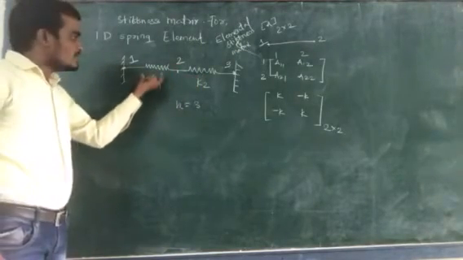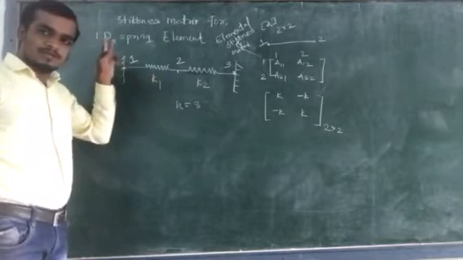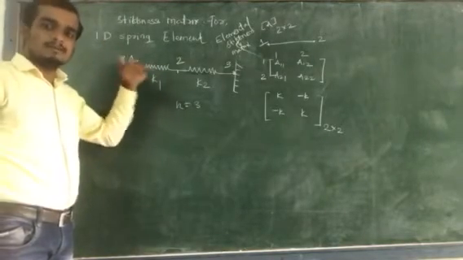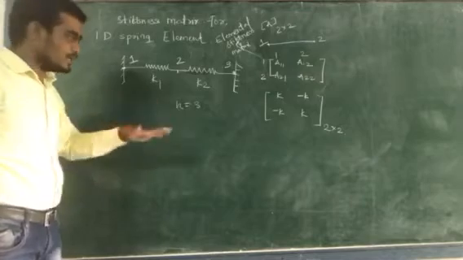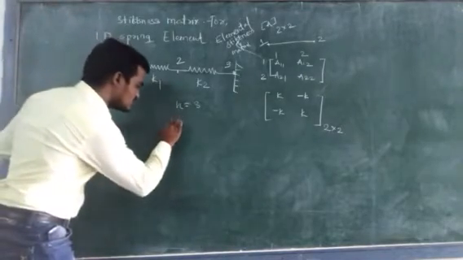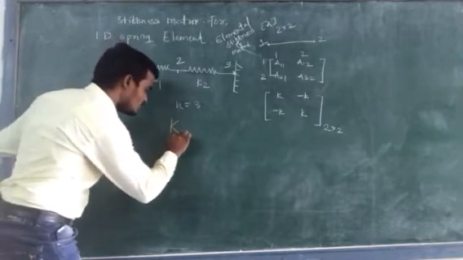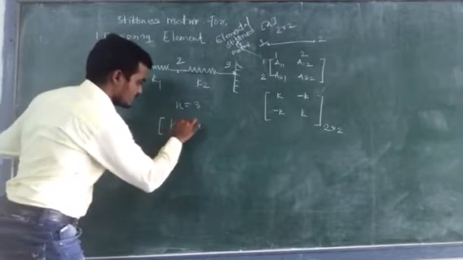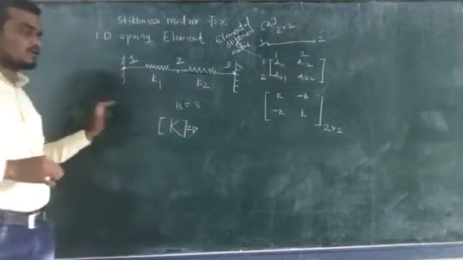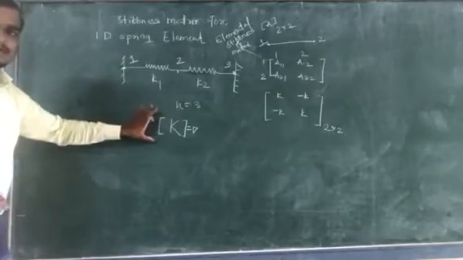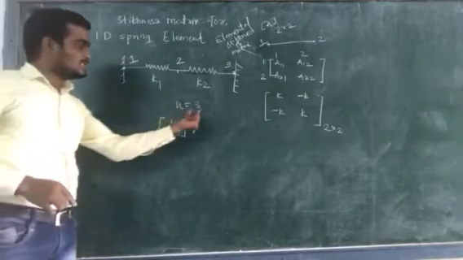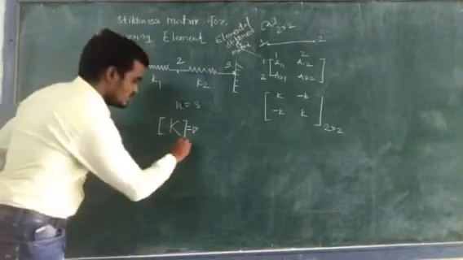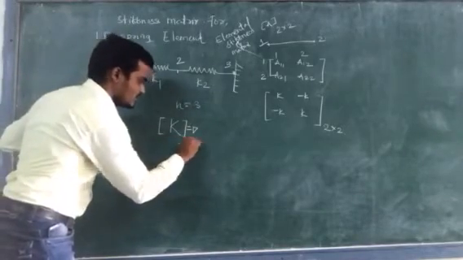If there are 2 elements, there must be 2 elemental stiffness matrices. So we need to construct a global stiffness matrix K, and the order of that global stiffness matrix K will become 3 by 3.